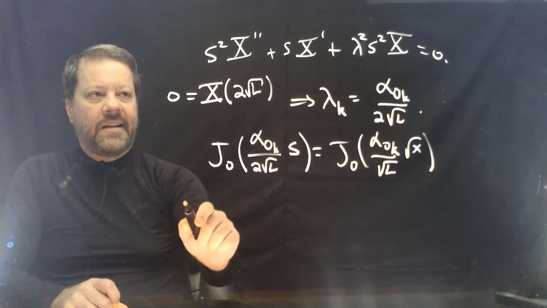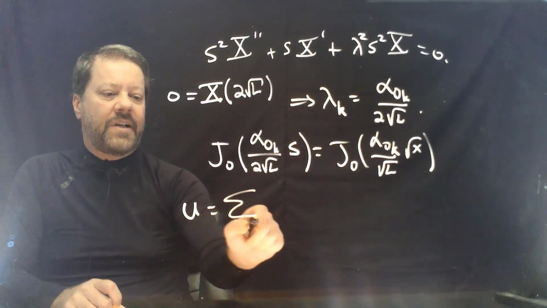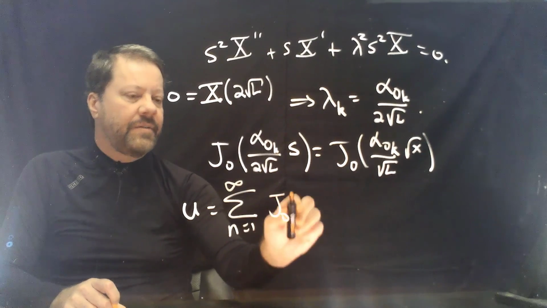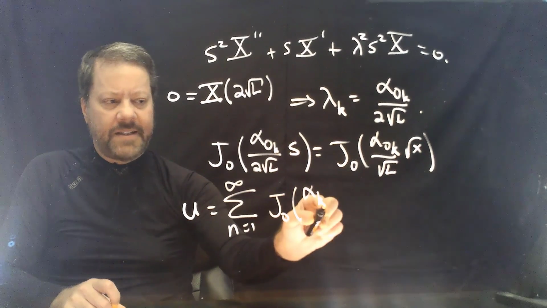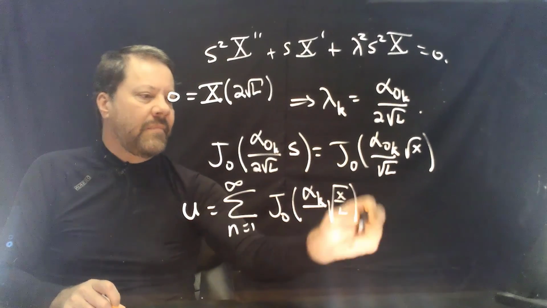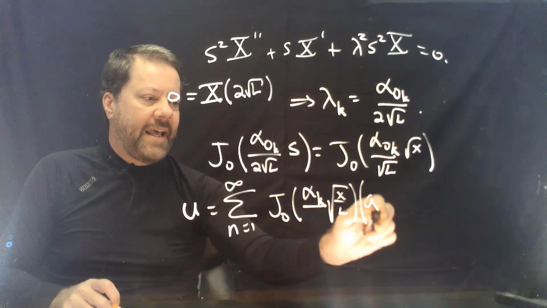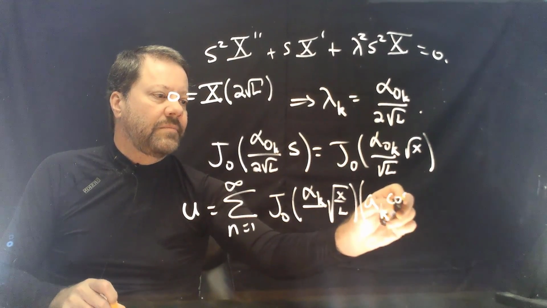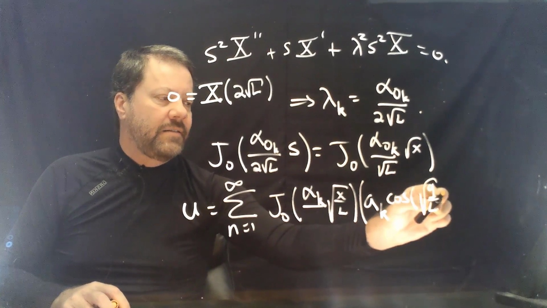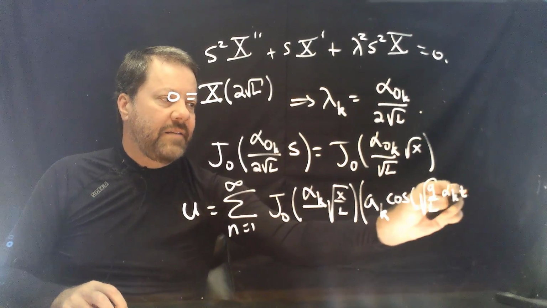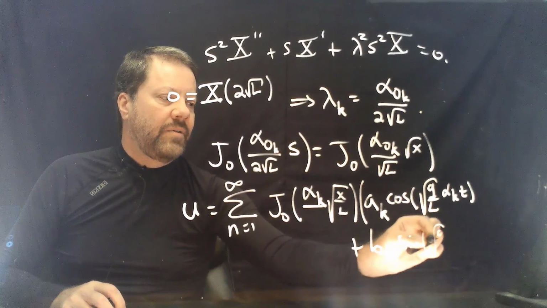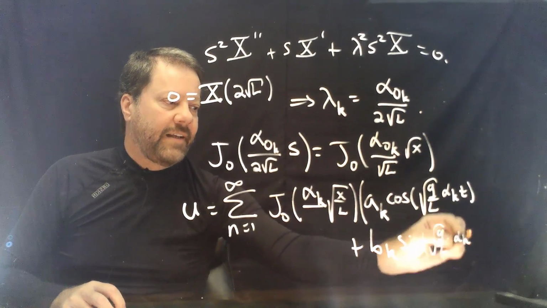That gives us then a general solution of the form the sum n goes from 1 to infinity. We'll have these Bessel's functions. I'll write these as alpha sub k's just for the sake of argument. It's going to be J0 of alpha k root x over L. We'll have a sub k cosine root g over L alpha k t plus these b sub k's times sine root g over L alpha k t.